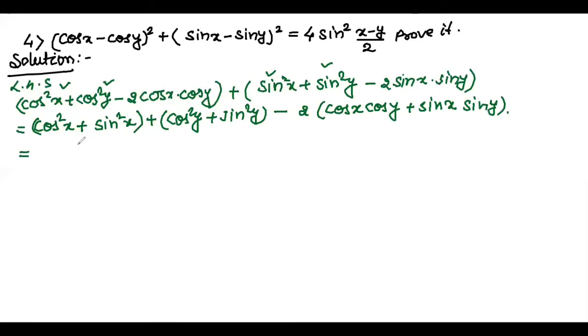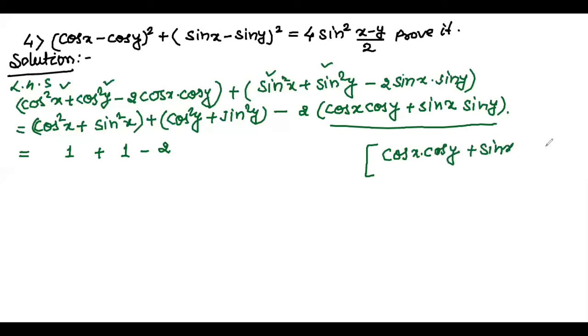So we can apply this as 1, this as 1, and this part is again a trigonometric formula. We know that cos x into cos y plus sin x into sin y is equal to cos of (x minus y). So I'm applying cos of (x minus y).